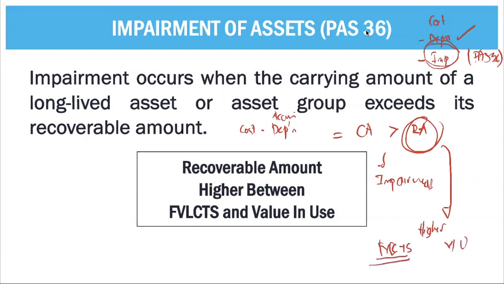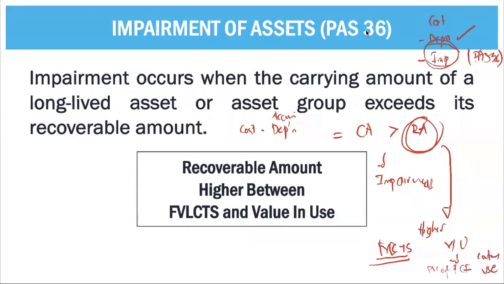We already know fair value less cost to sell. That was discussed under your, what do we call this one? Inventories. Value in use was also discussed in your conceptual framework. Value in use is the present value of future cash flows for the continued usage of the asset.